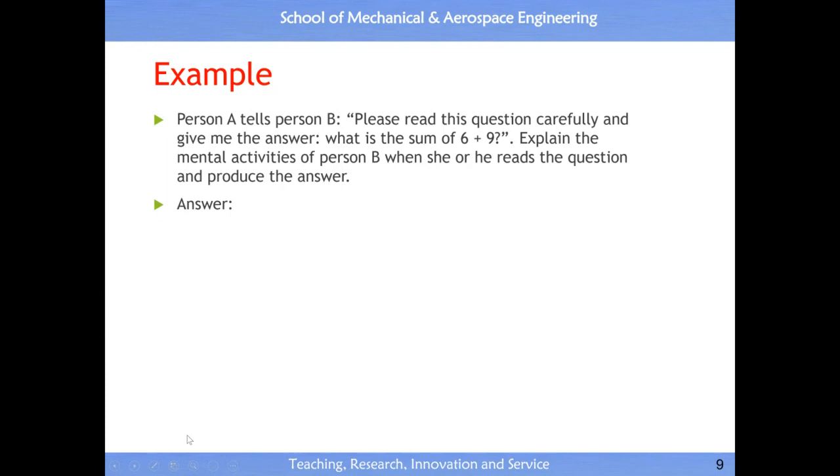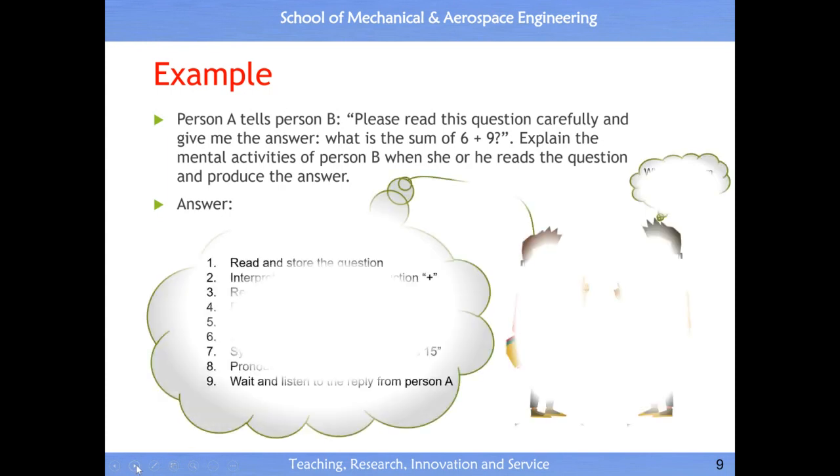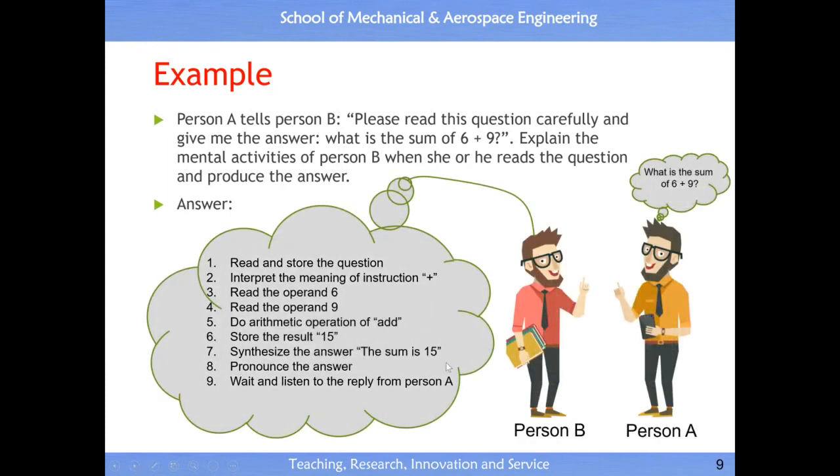Look at this example. Assume we have two persons who want to communicate or have a conversational dialogue. Person A may tell person B, or instruct person B, to do a simple calculation: please read this question carefully and give me the answer. What is the sum of 6 plus 9?